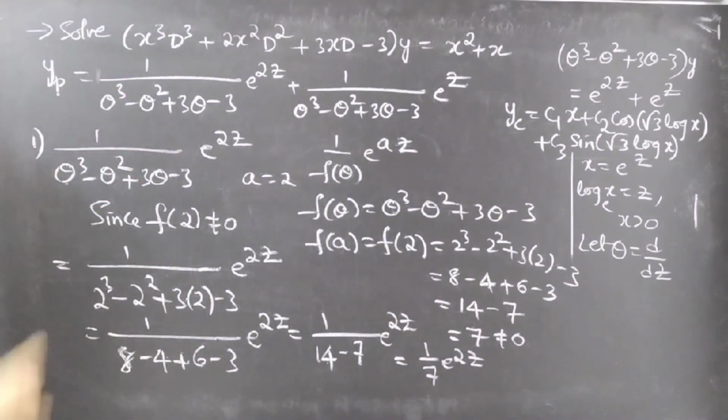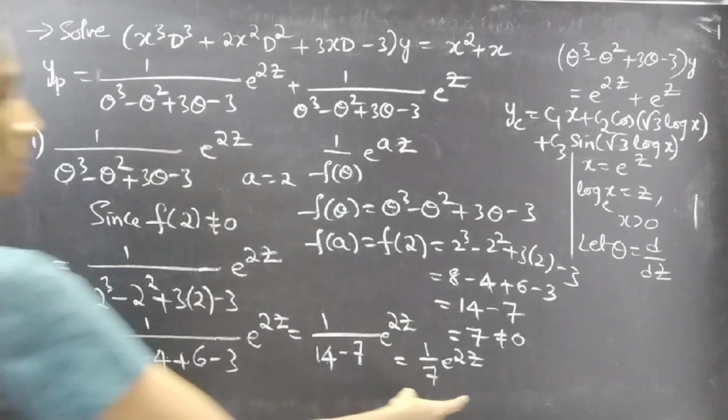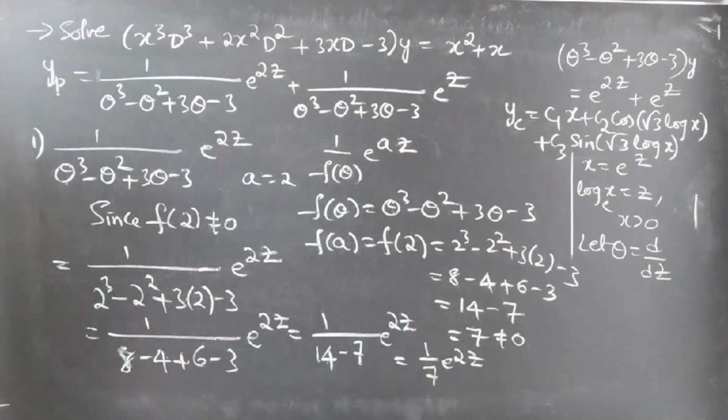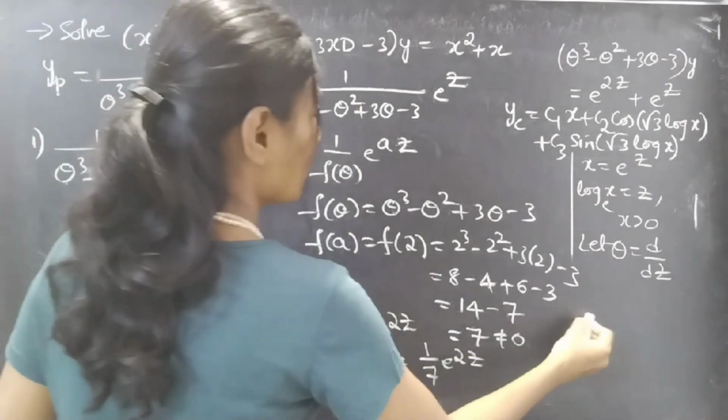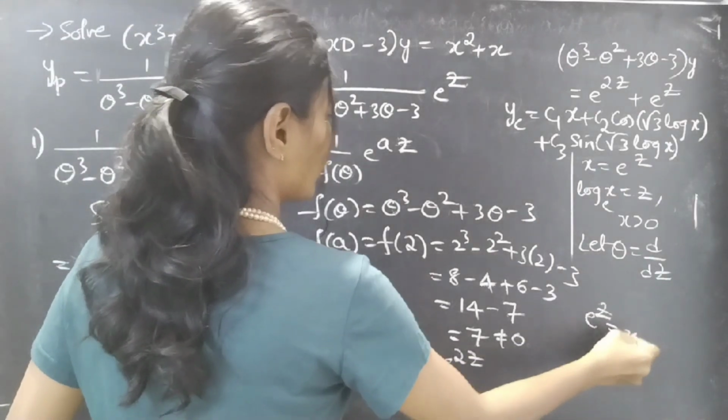See, we have the first term, the result is in terms of z, okay? And we can write it in terms of x by replacing e power z by x.